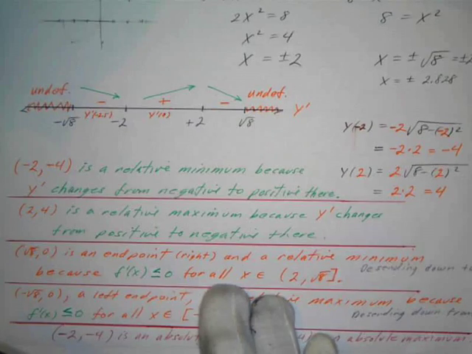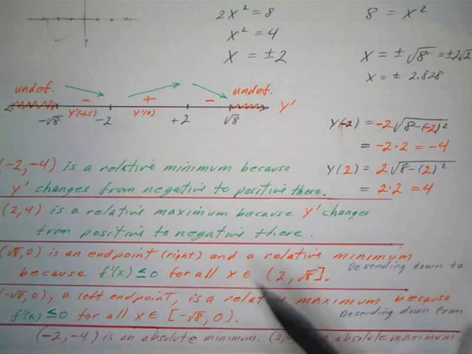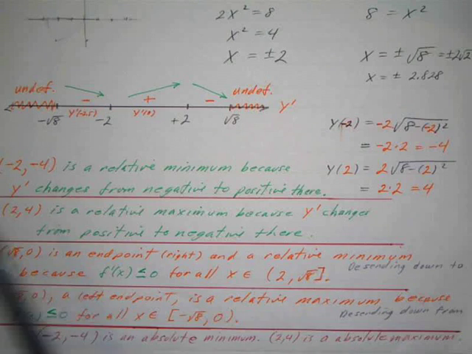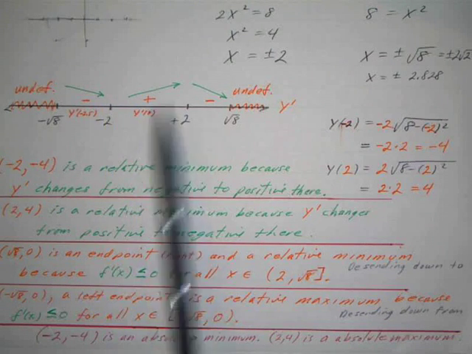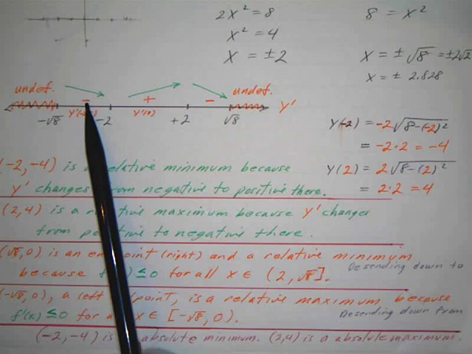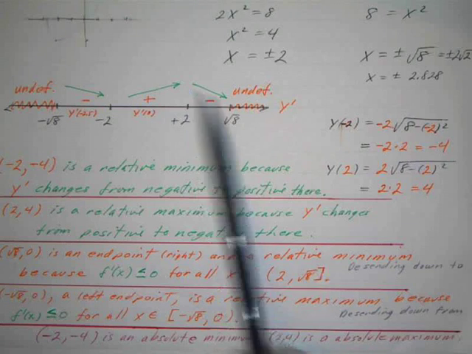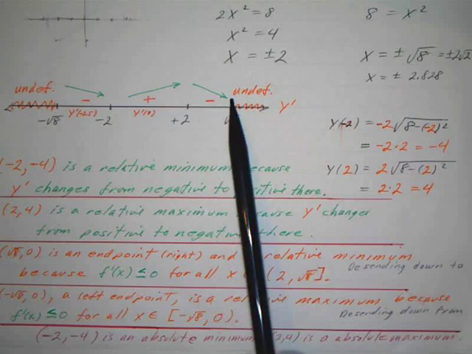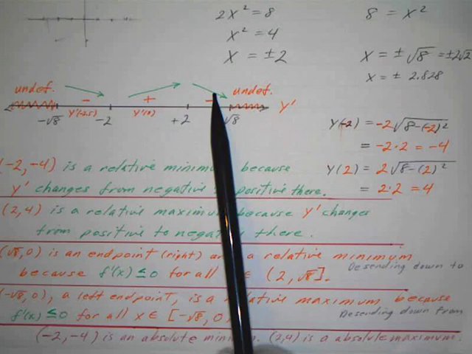So here we go. This is negative, positive, negative. So since the derivative is negative, my function is decreasing. It's positive, my function is increasing. It's negative, my function is decreasing. So it looks like I have a relative minimum here and a relative maximum there.